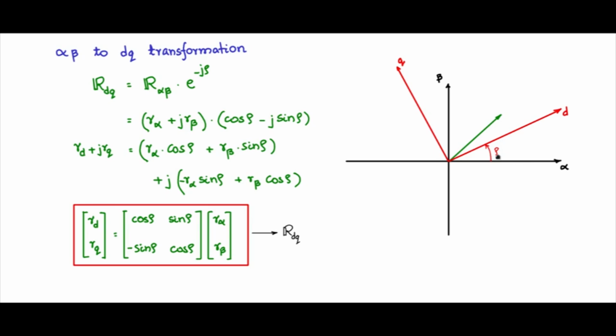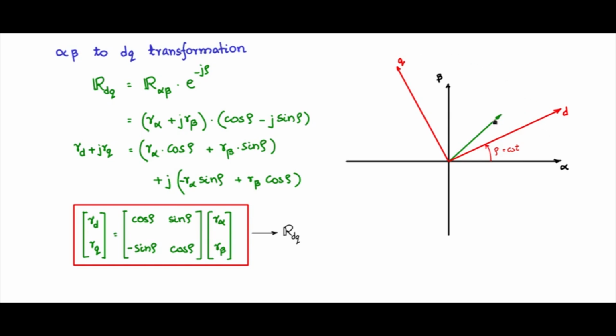If this angle rho is a varying angle, let us say it is varying at omega t, where omega represents the radian frequency. So if it is rotating at 50 Hertz, then 2 pi 50 Hertz into t will be this angle, and this angle will be rotating, increasing at the 50 Hertz rate, and this DQ coordinate system is rotating.